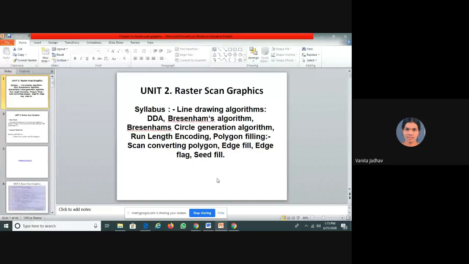Under polygon filling: scan converting polygon, edge fill, edge flag, seed fill. Okay, we'll proceed to the next slide.